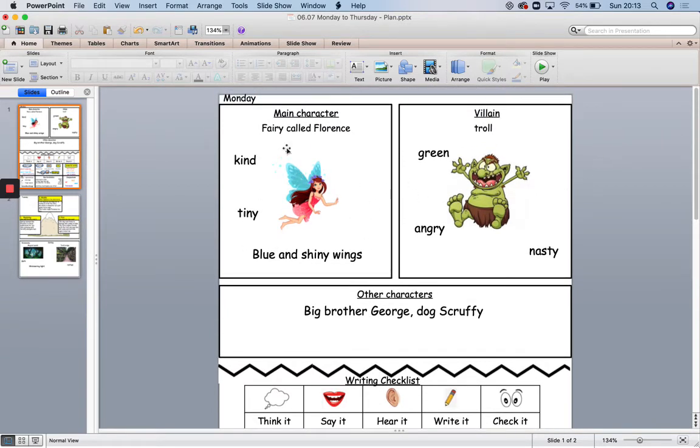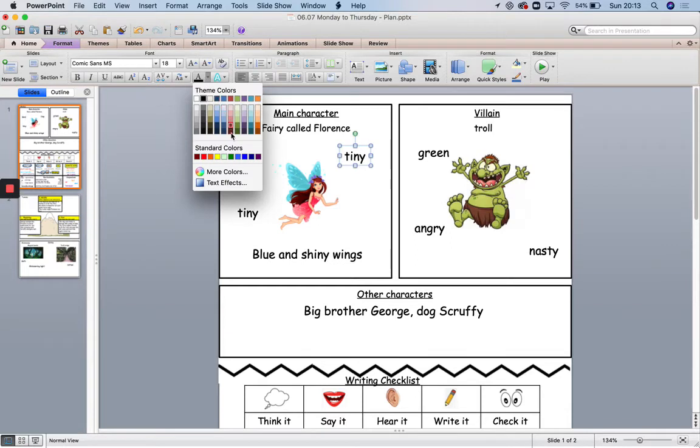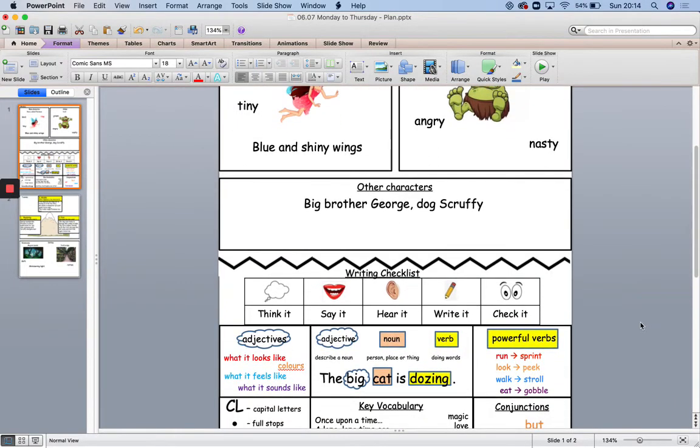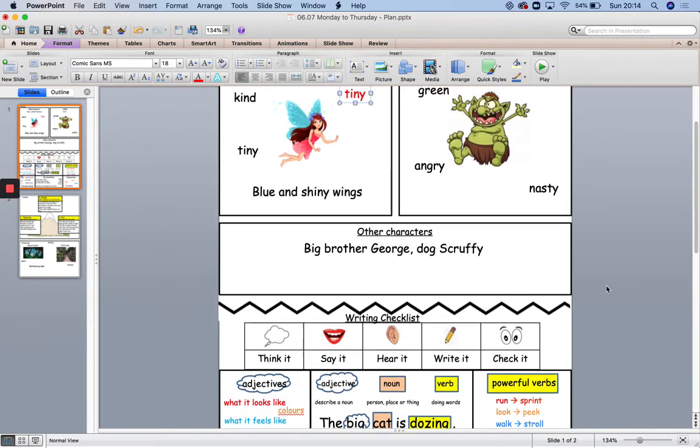So how might Florence fly? I think Florence is going to flutter. I might do these in a different colour, just so I can tell that they're my powerful verbs. Verbs are normally yellow. I'm going to do it in red, just because yellow is not really going to show up on here. Our powerful verbs there should be yellow.